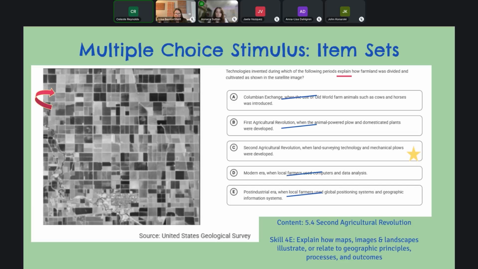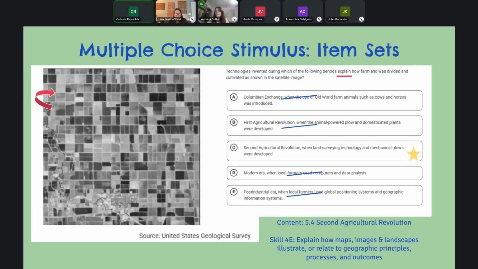So this one is a satellite image. Make sure you're trying to give as many different kinds of stimulus as possible. Some are photographs, try to give some satellite images, try to give some tables. I like this one because this is a satellite image and, what is it? What do you see? What do you think you see?